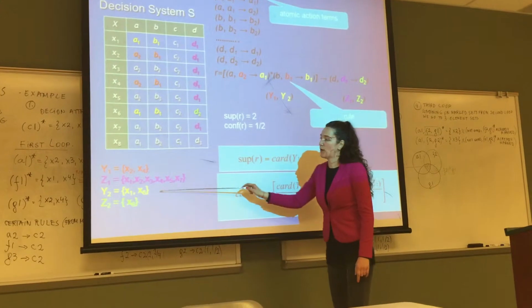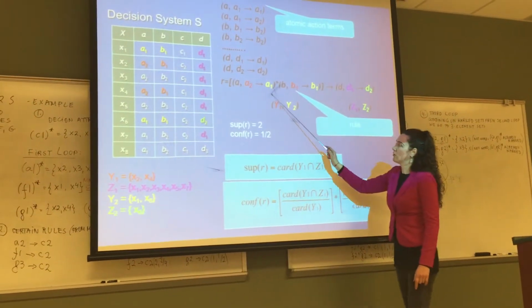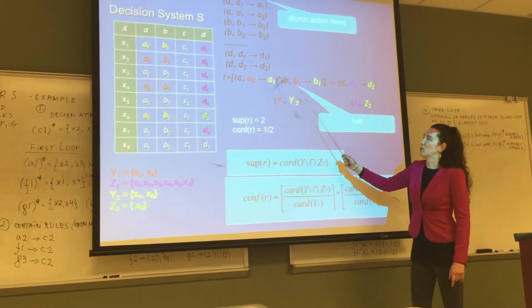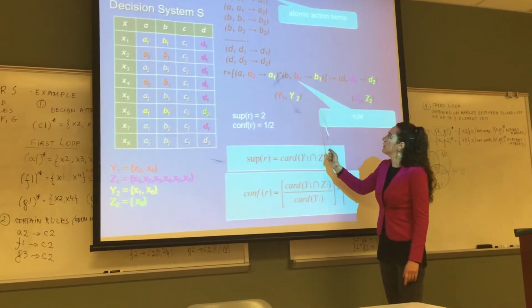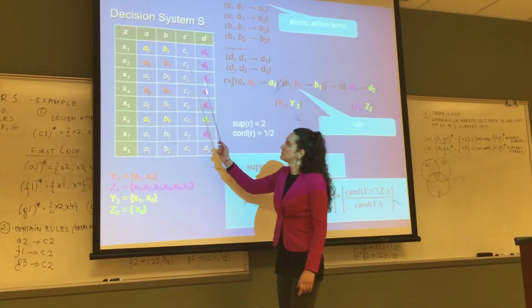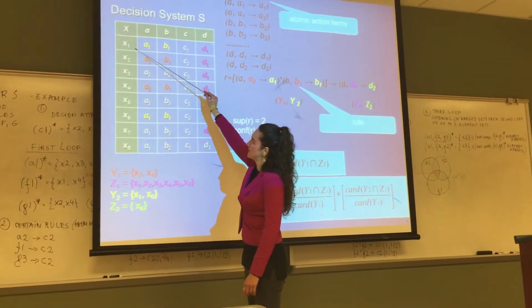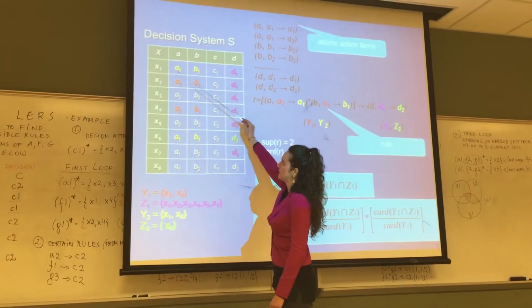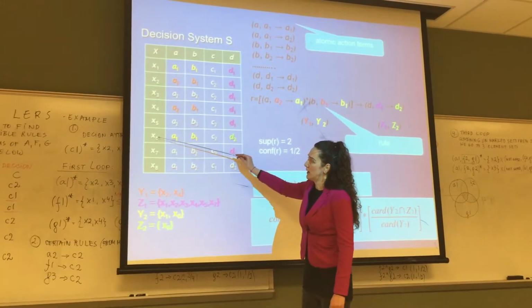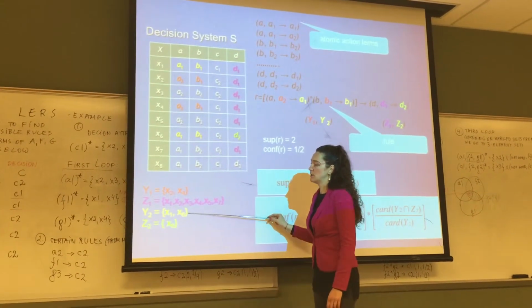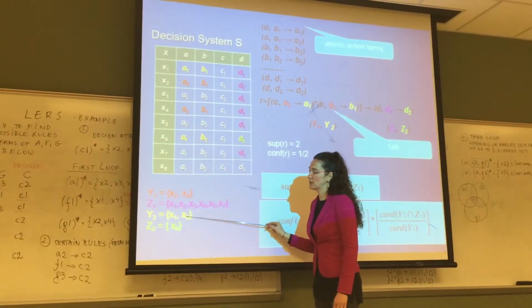The next set is Y2, the yellow ones, the ones on the right side, the ones that we would like to change into. So A1 and B1, there are two objects that have property A1 and B1. That's object X1 and X6. So this is the second set, X1 and X6.